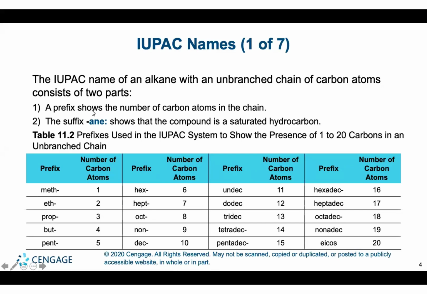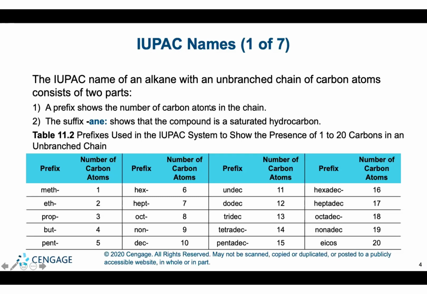So you can see alkane ends with ane. We should always write it down when we want to name alkanes, which, as we know, all have single carbon-carbon bonds. What is a prefix?